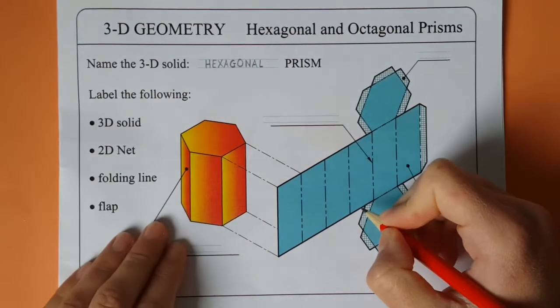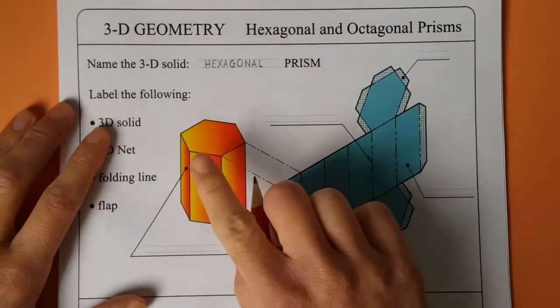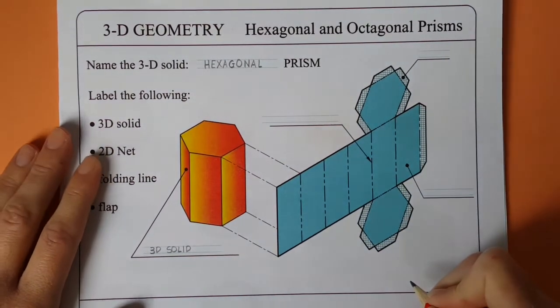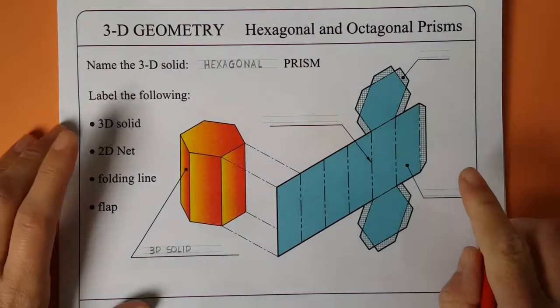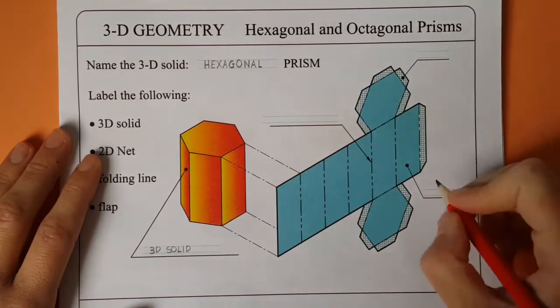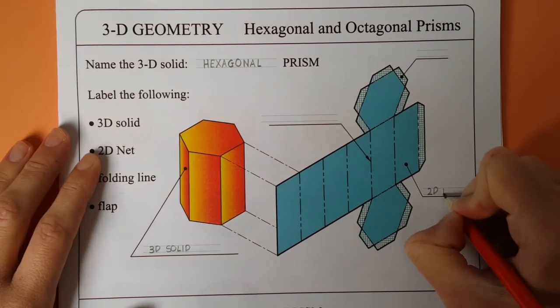And once again, let's do the labeling. So here we have the 3D solid. And then we have the 2D net. When folded down, obviously, it will form the hexagonal prism.